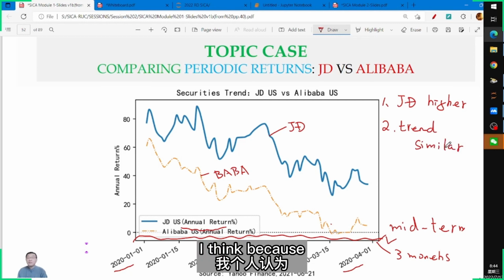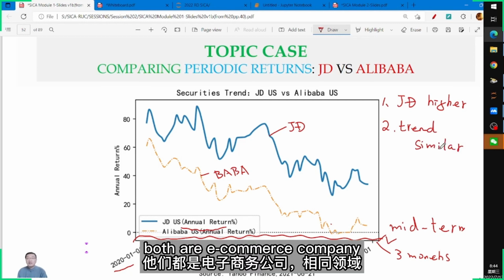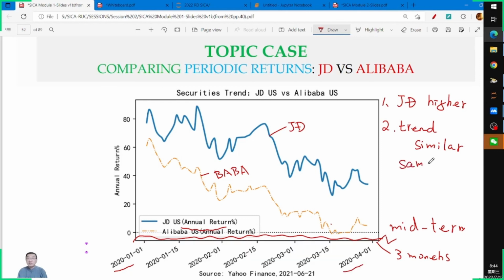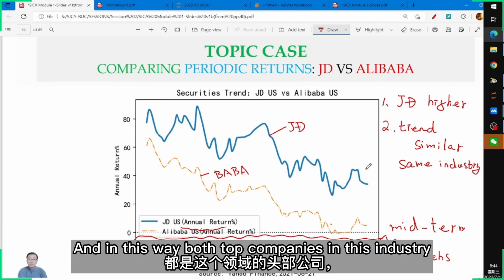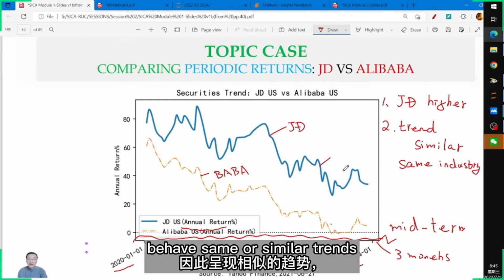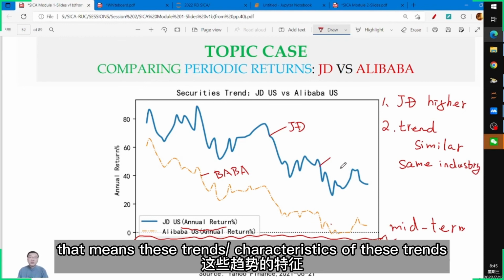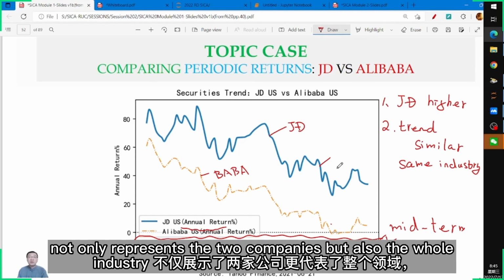I think because both are e-commerce companies, they are in the same industry. And in this way, both top companies in this industry behave with the same or similar trends. That means these trends, or the characteristics of these trends, represent not only the two companies, but also the whole industry.